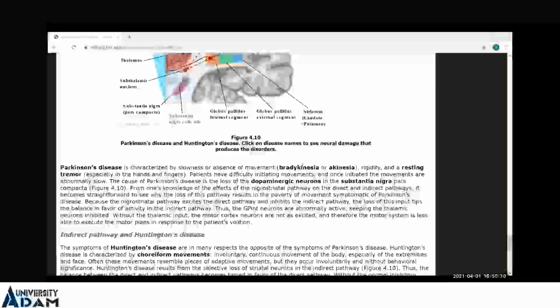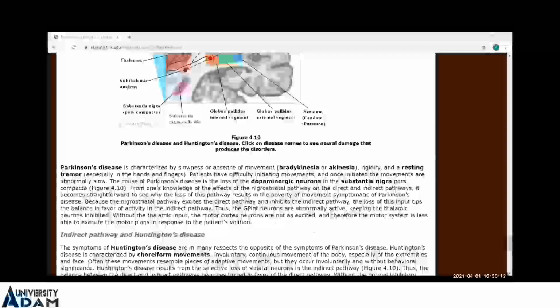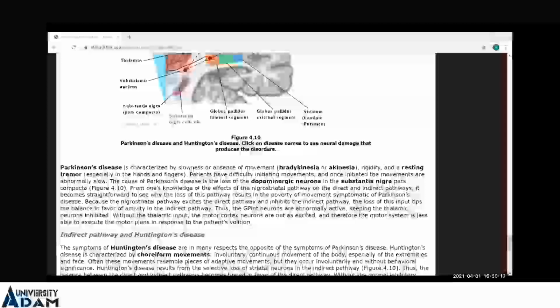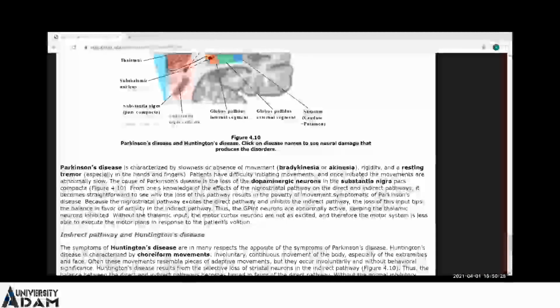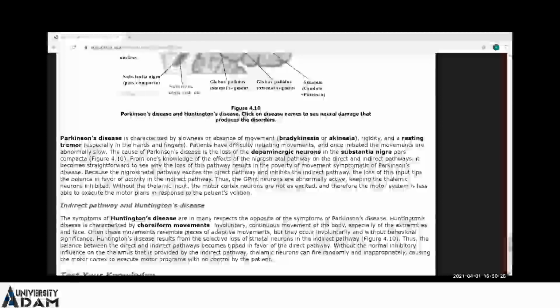Thus, the globus pallidus internal segment neurons are abnormally active, keeping the thalamic neurons inhibited. Without the thalamic input, the motor cortex neurons are not excited, and therefore the motor system is less able to execute the motor plans in response to the patient's volition.